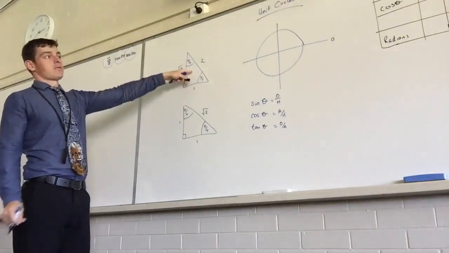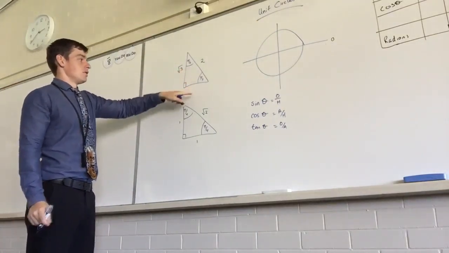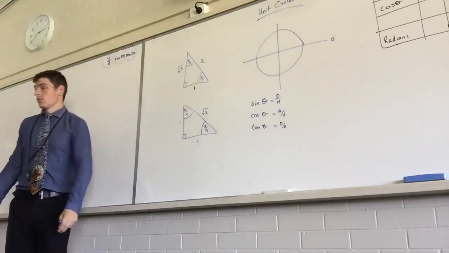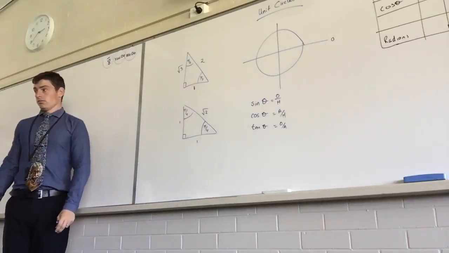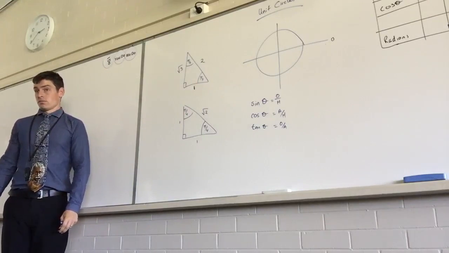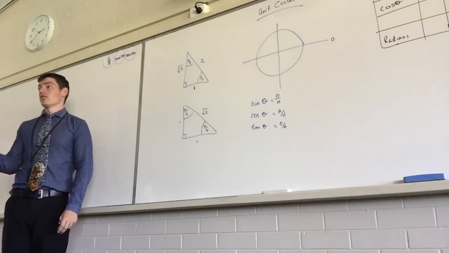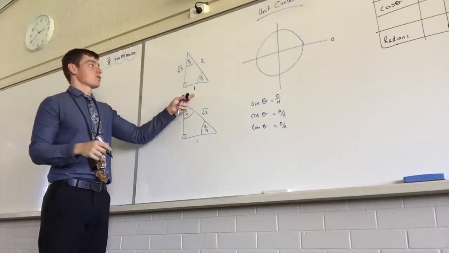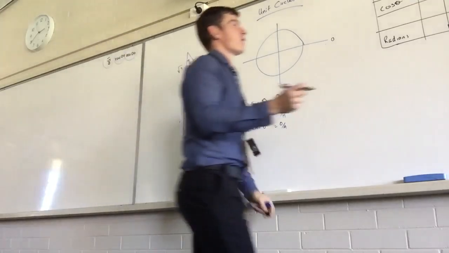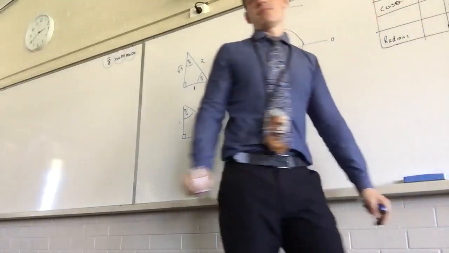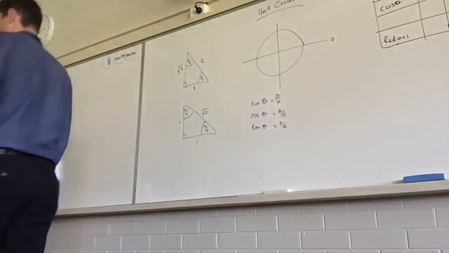No, same triangle. Always the same. Well, that's still 1. Tan equals? What's the tan theta equal? TOA. Opposite over adjacent. So tan is 1 over root 3. Clear with that?